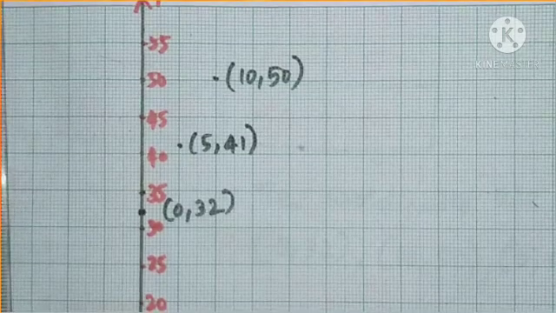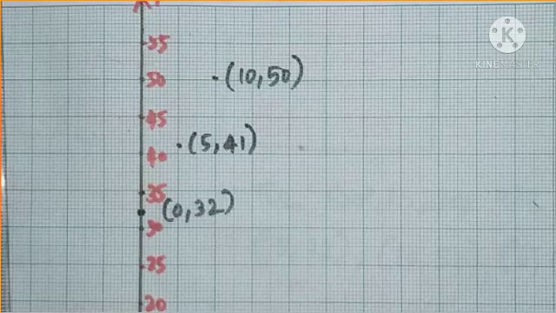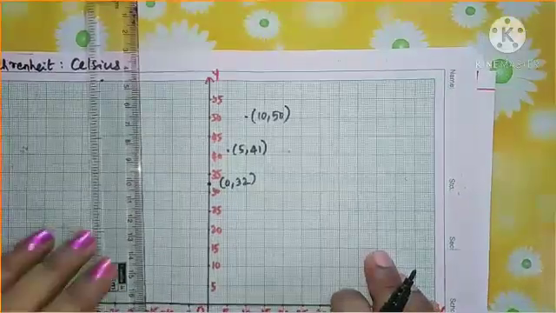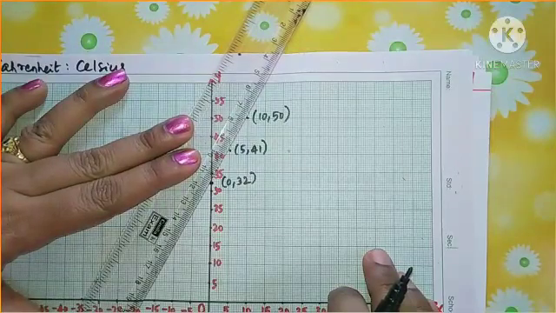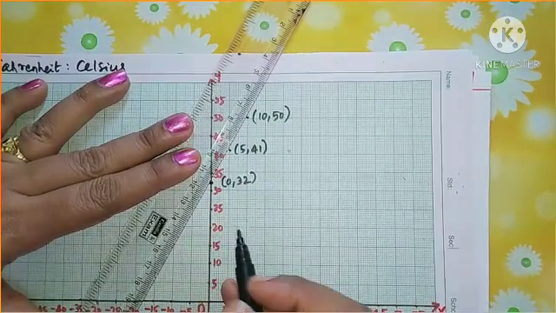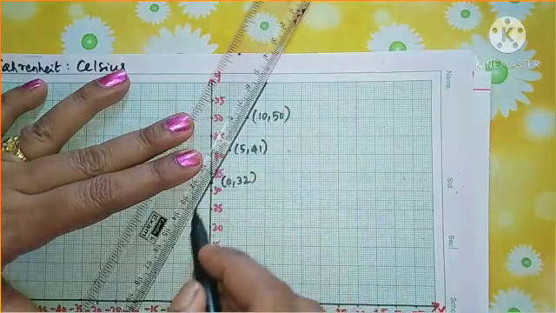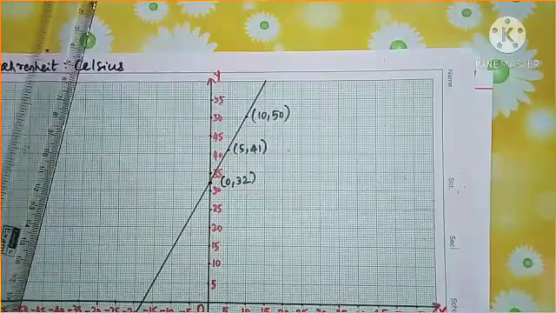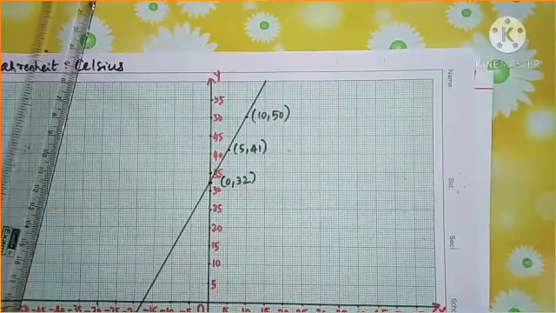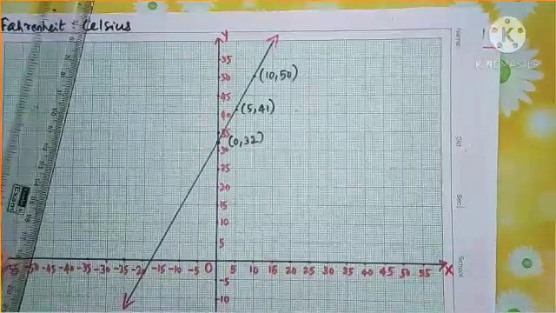Now join the points with your ruler and draw the graph. Take the scale, keep it on the dots properly, join the dots and extend the graph also, no problem. So we plotted all the 3 points.